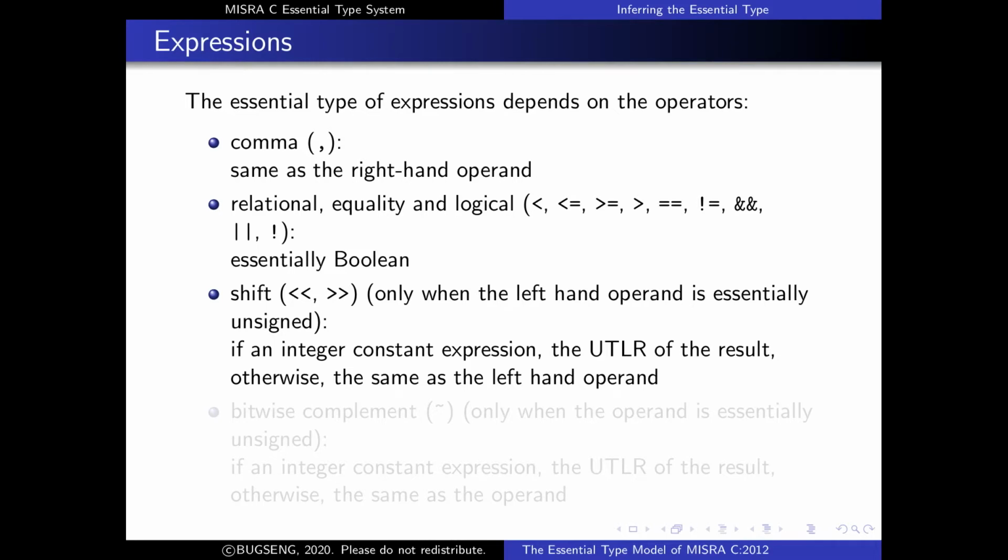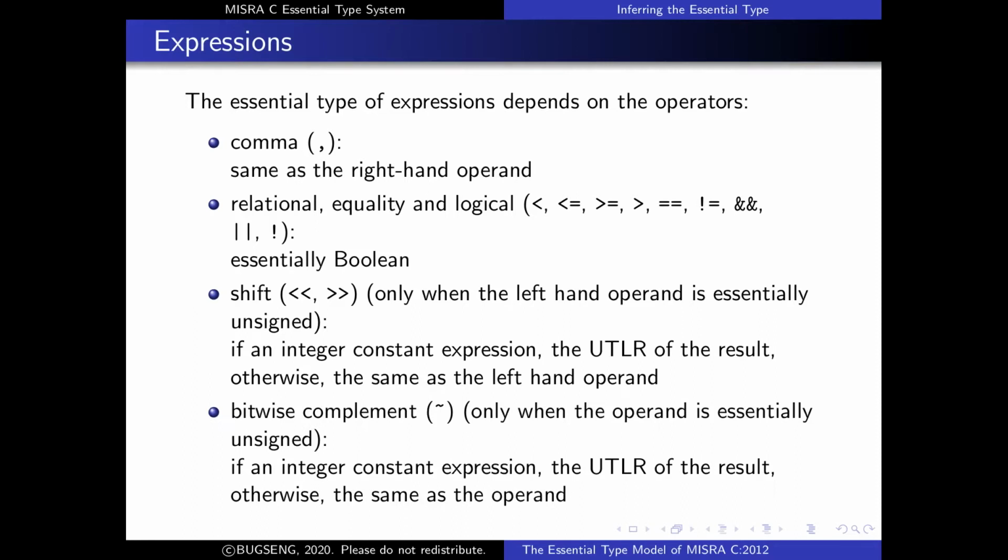If this is not the case, then the essential type will be the same as the C standard type. So you will have to look at the standard and see what is the result. For the bitwise complement, the same situation. The essential type is different from the C standard type only when the operand is essentially unsigned, for the same reason.